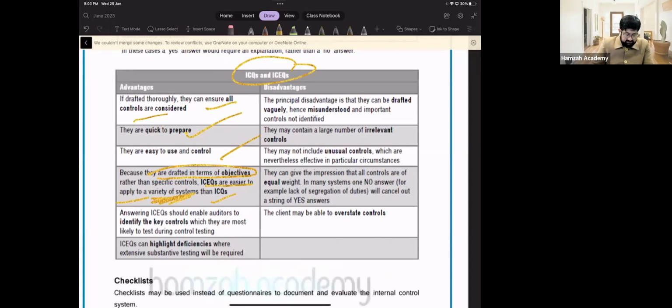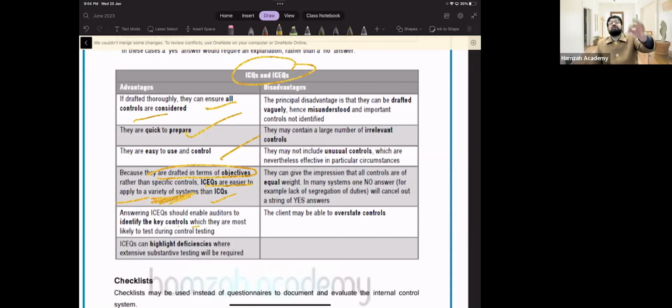Now, next. The next point is, ICEQ talk about objectives.